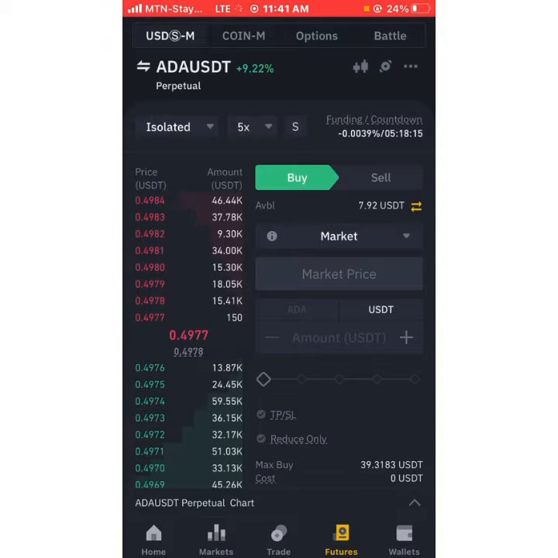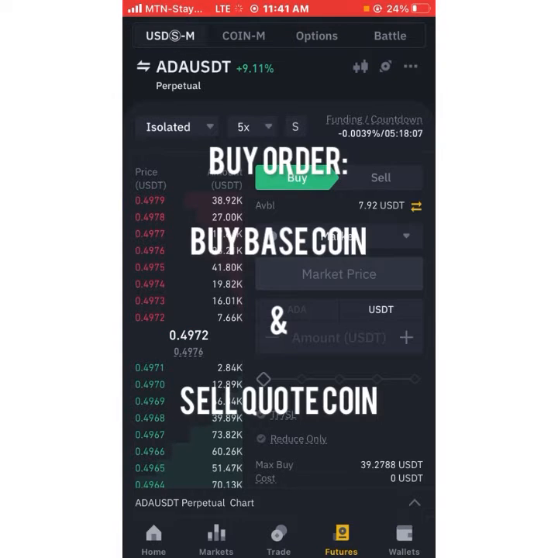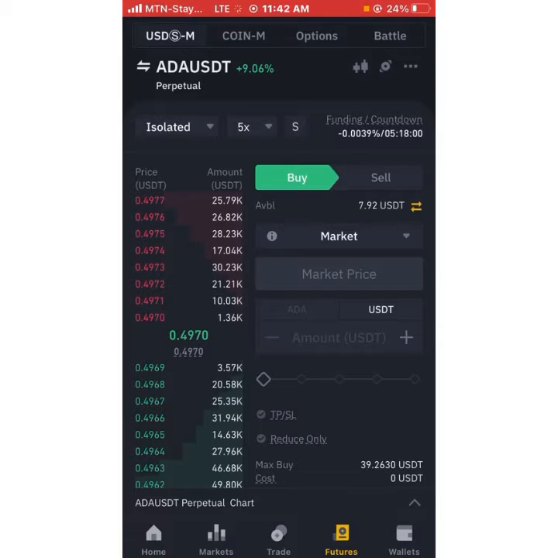If I place a buy order, what am I telling the system? I am telling the system, buy me ADA and sell USDD for me. So one order takes 2 simultaneous actions. I place a buy order, but the action that happened is ADA is bought but USD is sold.